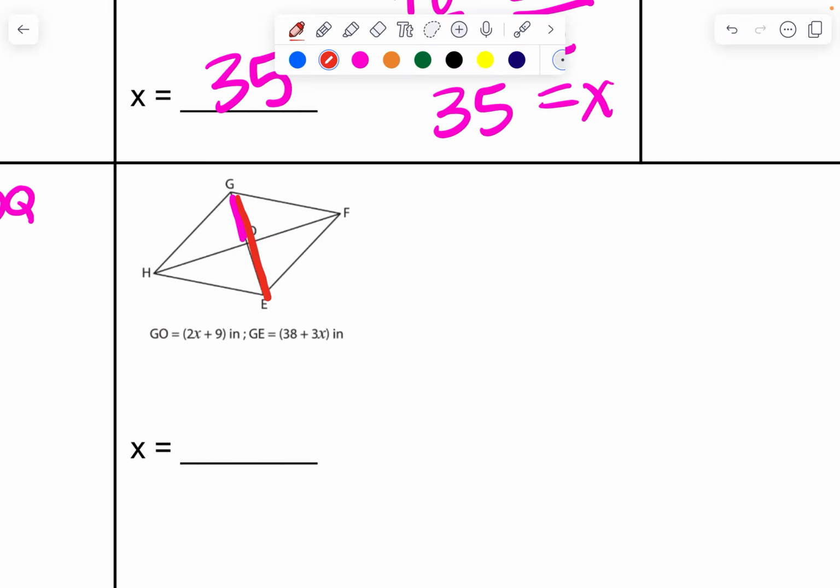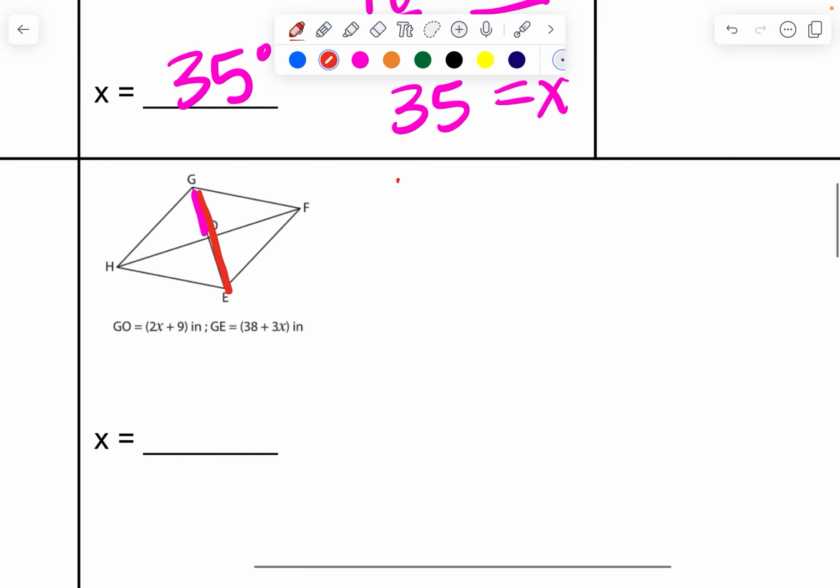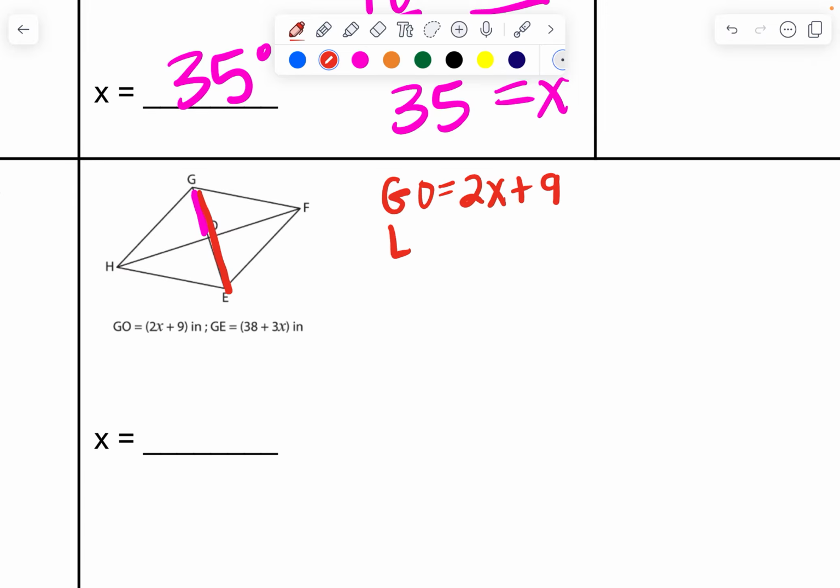So since the diagonals bisect each other, I know that GO is 2x plus 9, but also EO is 2x plus 9. And when we add those together, we get GE, and that's 38 plus 3x.